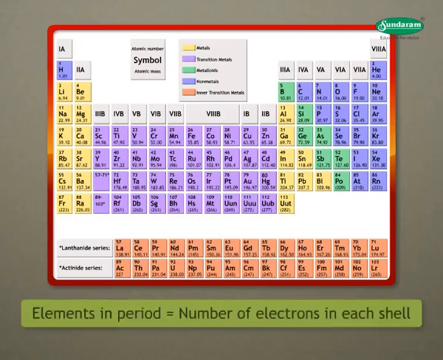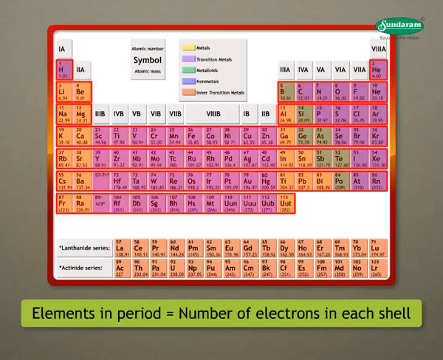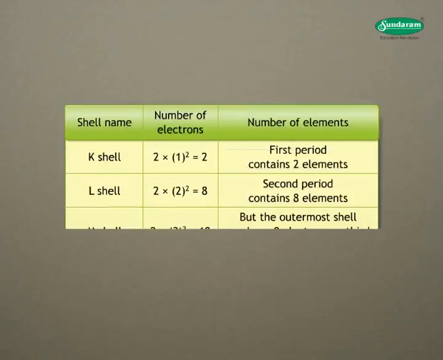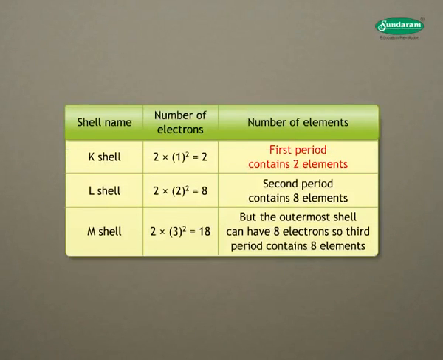The number of elements present in each period is equal to the number of electrons present in each shell, given by the formula 2n square, where n is the shell number. You can see in the table that the first period has 2 elements, as the K shell has 2 electrons.